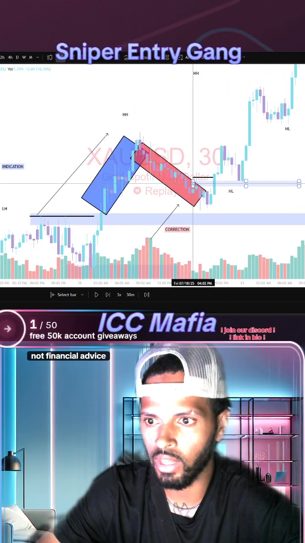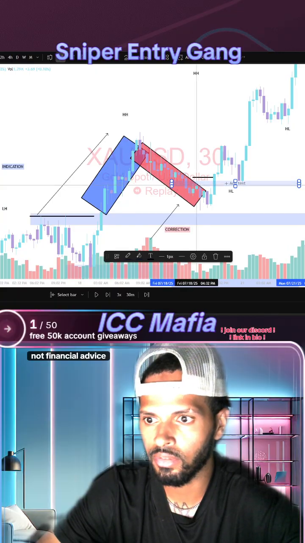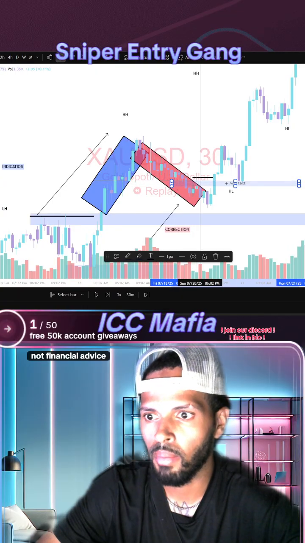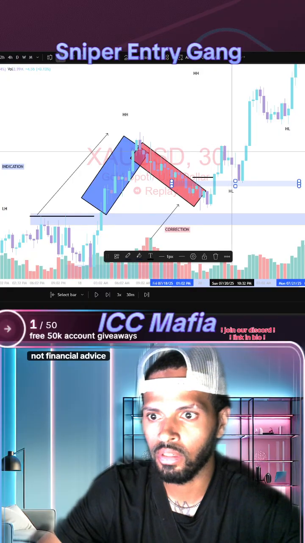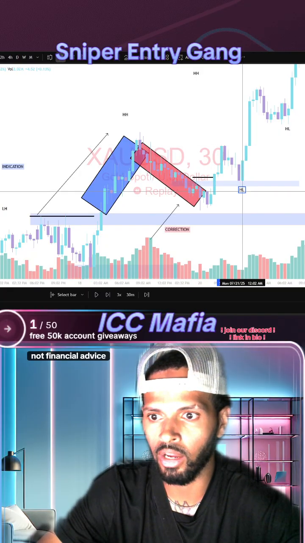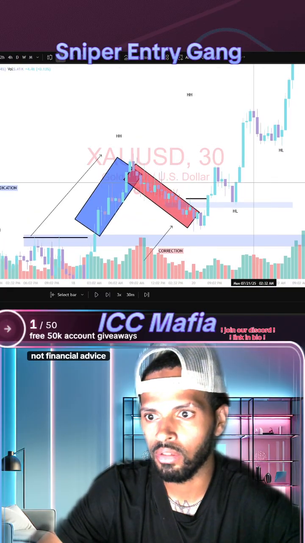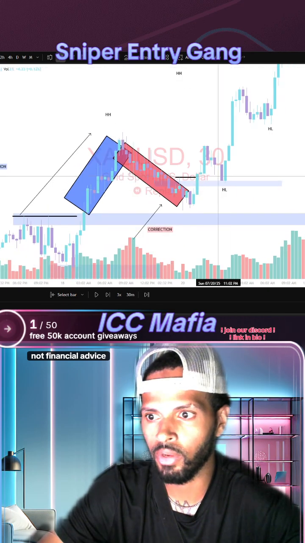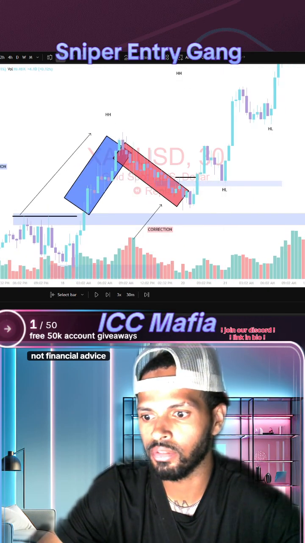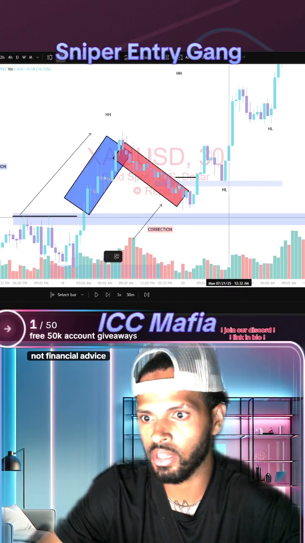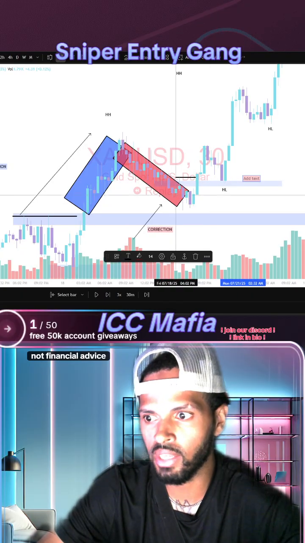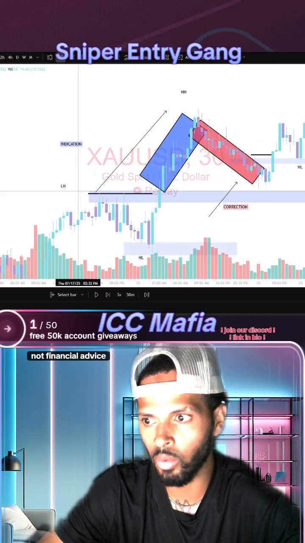This was the last lower high right here. Price came down. Now we have a new lower high, or higher low. So that is where we're going to take our entry. Why? We have our indication, our correction. So now this is our continuation because price held above this lower high.